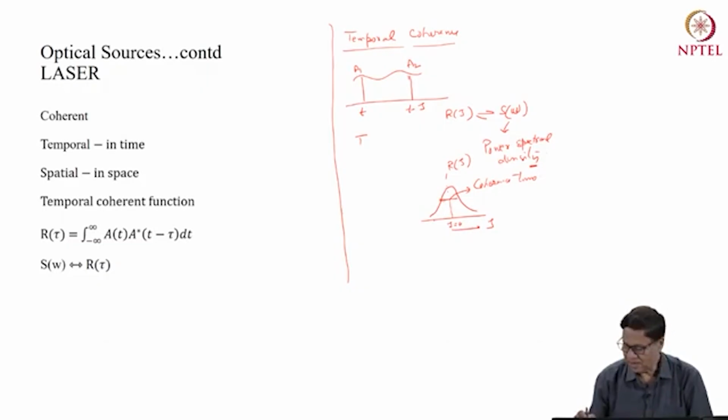And if I take the Fourier transform of this, it is sort of Gaussian, so you will get a similar Gaussian curve here. So this is f, and this is actually the bandwidth.